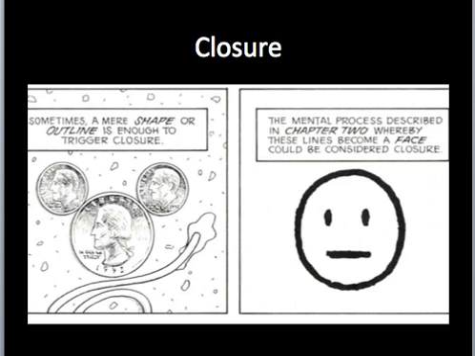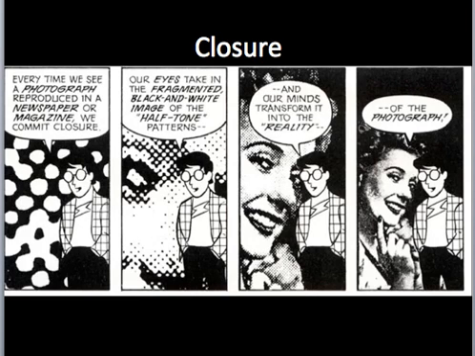The mental process described in Chapter 2, making sense of a face, could be considered closure. Every time we see a photograph reproduced in a newspaper or magazine, we commit closure. Our eyes take in the fragmented black and white image of the halftone patterns, and our mind transforms it into the reality of the photograph.